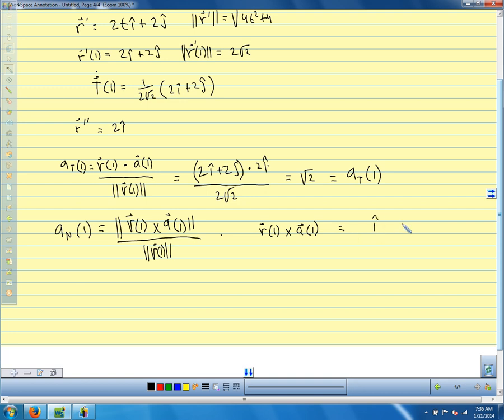Ours is a determinant, i, j, k. We have 2, 2, 0, and 2, 0, 0. We find our cross product. This turns out to be negative 4 k hat. So the magnitude of this cross product is just going to be 4.